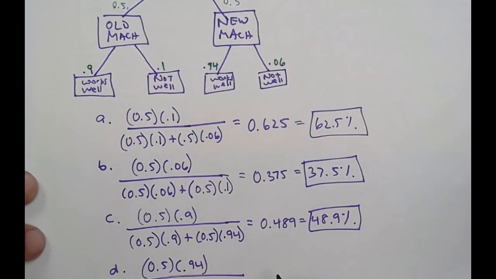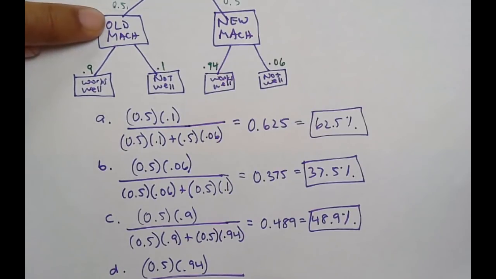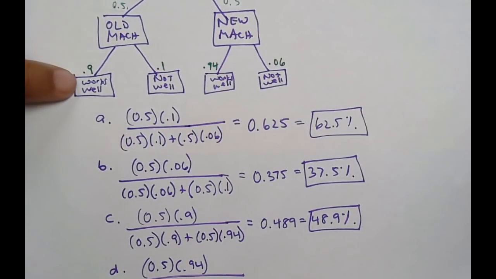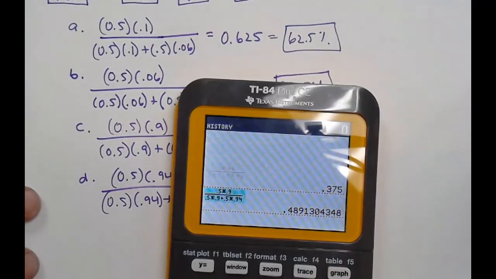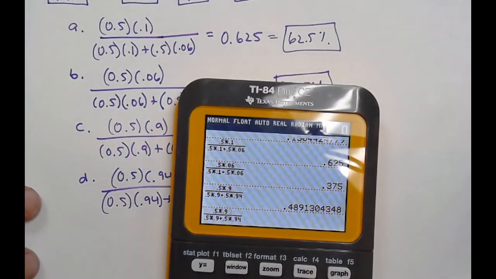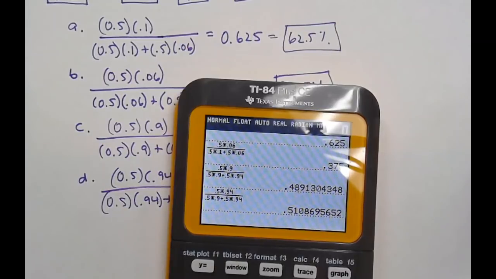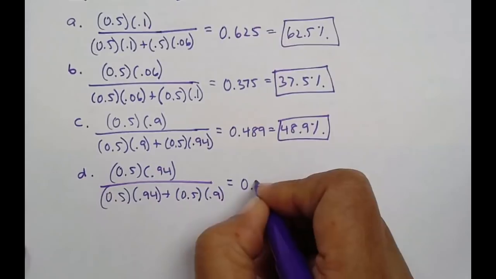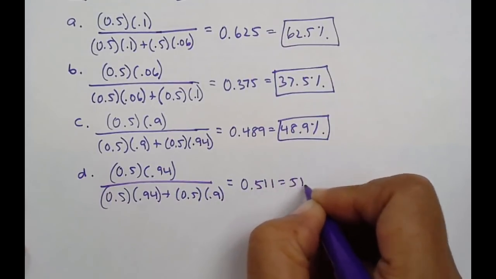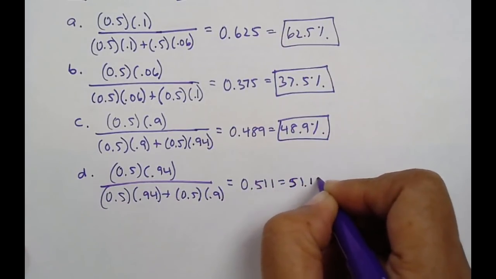So working well in general means we're going to say the same thing, 0.5 times 0.94, but we're going to add to that the old machine working well. So old machine is 0.5 times working well is 0.9. So essentially we're just changing the numerator to be 0.94. And that's going to get us 51.1. I'll put it in decimal first, 0.511, which is 51.1%.